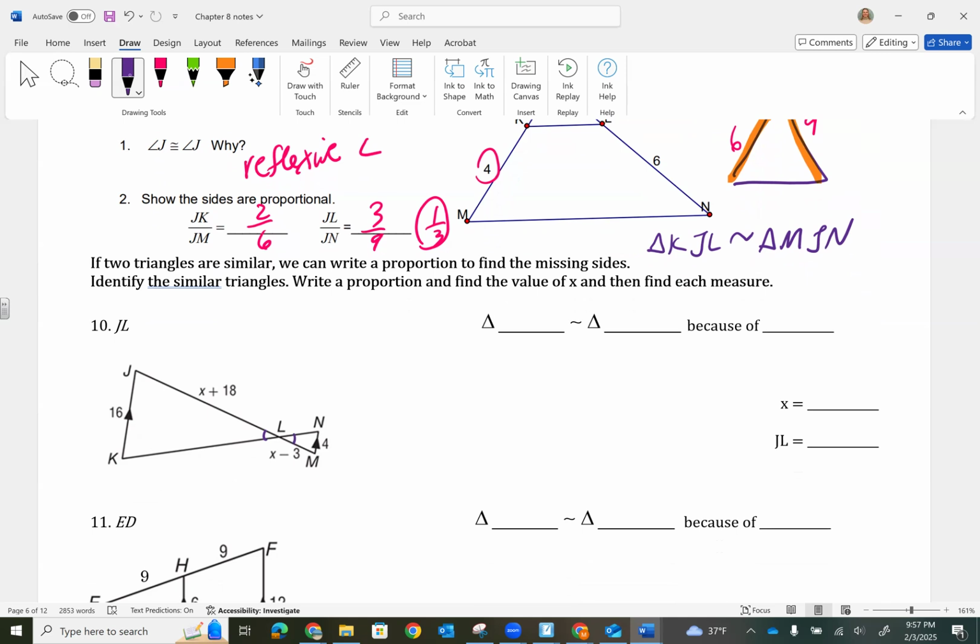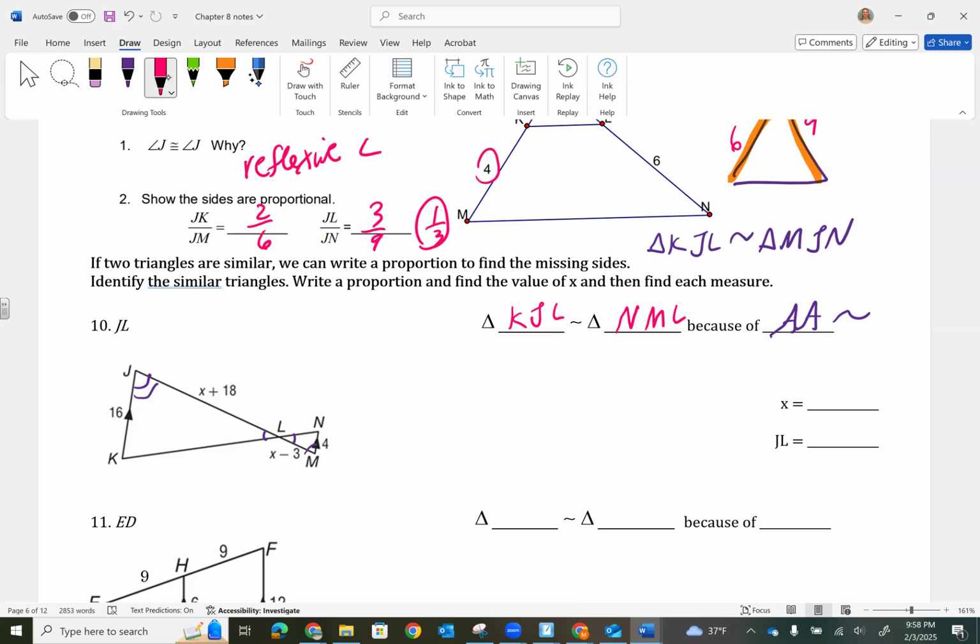We also know we've got parallel sides, so we definitely have some alternate interior angles. So yes, by angle similarity, those two triangles will be congruent, or similar, sorry. So triangle KJL is similar to NML. Okay, why? By angle similarity.